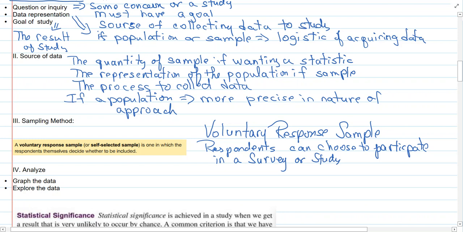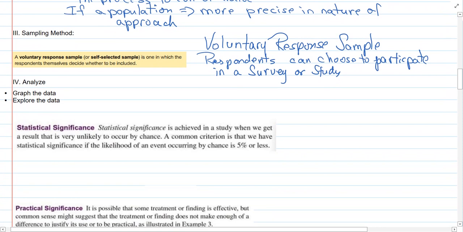And there's a lot of loopholes on this one. Again, we covered it in that first example we did. This is the first one we're studying. We get more in depth as we get into section 1.3, but first, let's get our feet wet. And the most common one is a voluntary response.